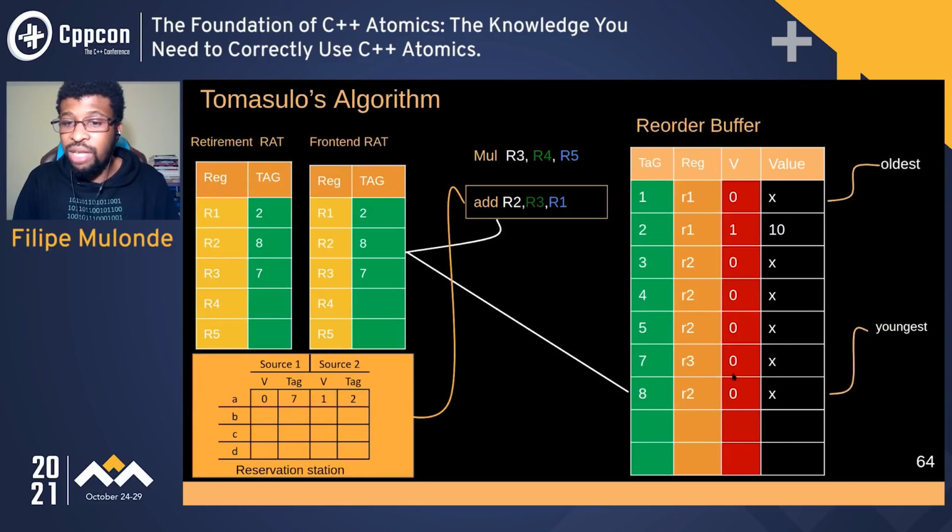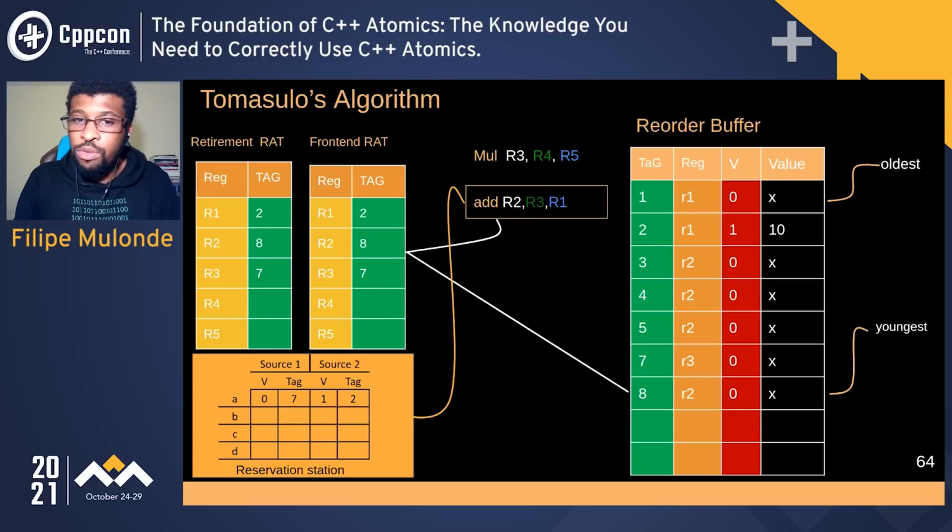In this case, the validity bit is 0. It means that the value is not ready yet. So for register number 3, at the reservation station, we have the tag indicating where to get that value in the reorder buffer, and we also have the validity bit. In this case, we write 0 because in the reorder buffer, the value is not present.